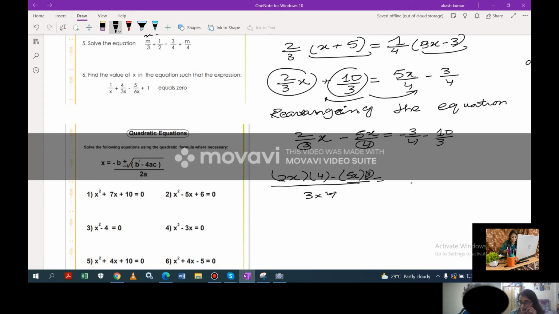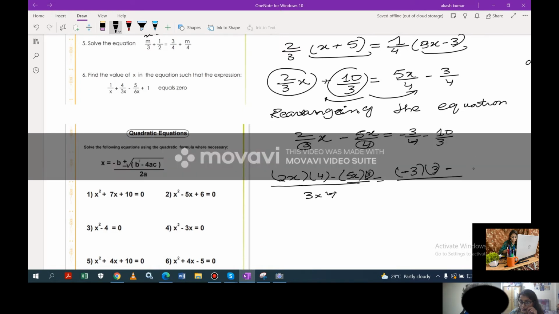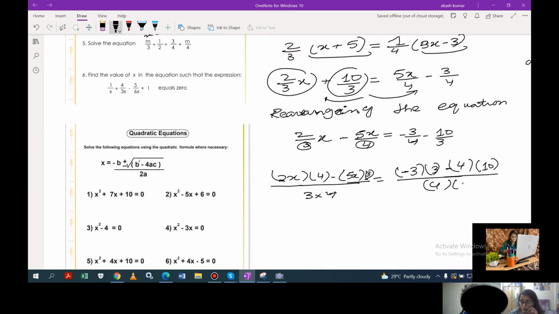Is it clear? Now moving here, 3 times minus 3 times 3, minus sign in between, and then there is 4 times 10. We just cross multiplied and then we multiply the denominators, so 4 times 3. Is it clear?